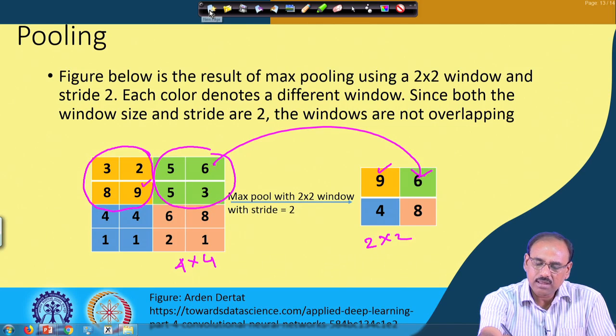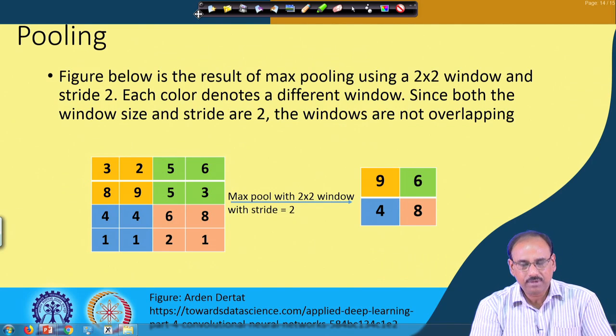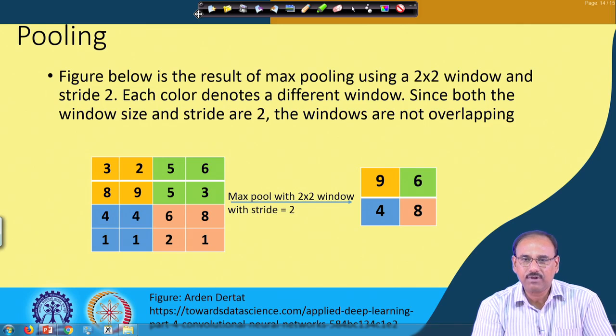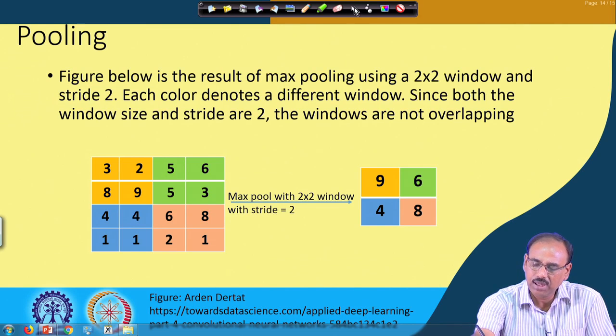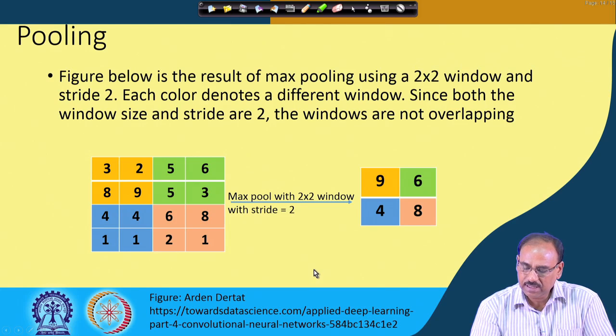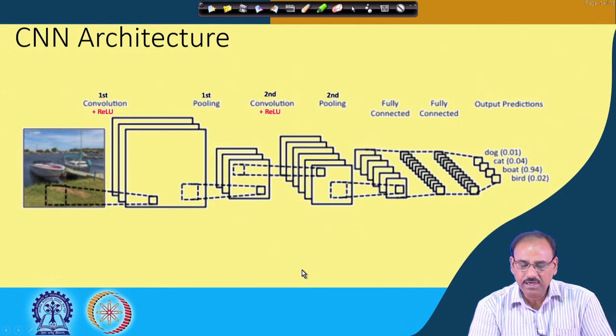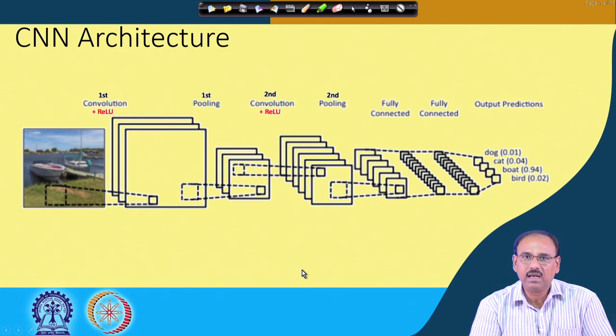So these are the different operations that we have in a convolutional neural network: convolution, nonlinearity, followed by a pooling operation. Given this, a typical architecture of a CNN is something like this.